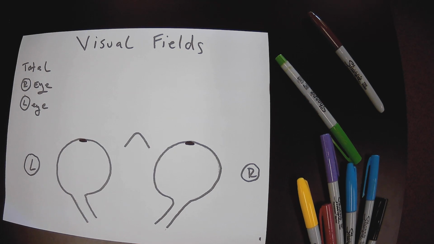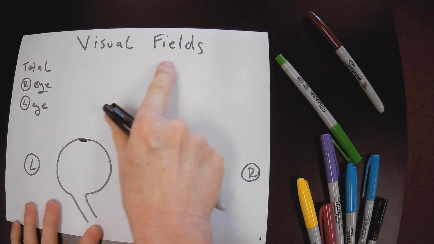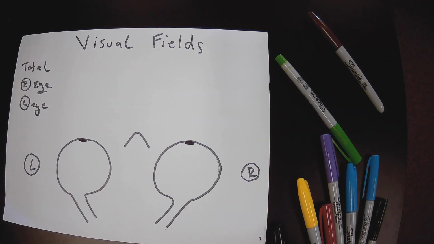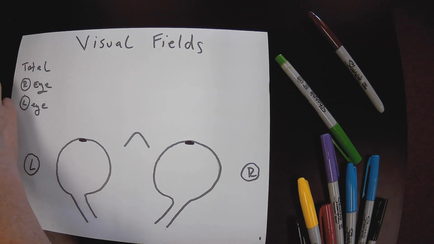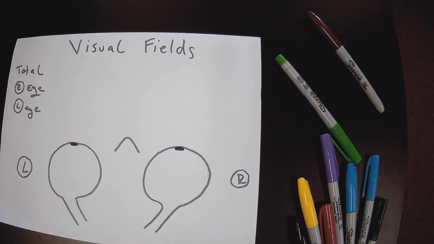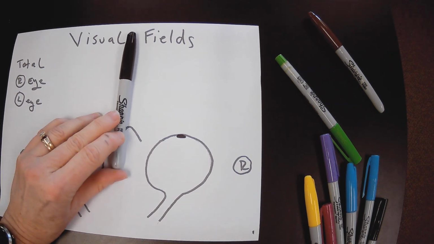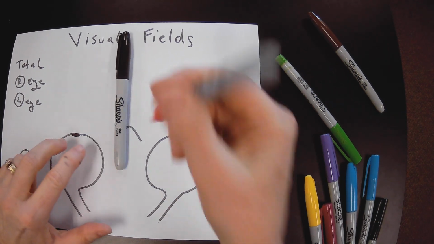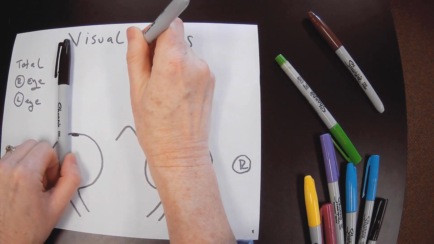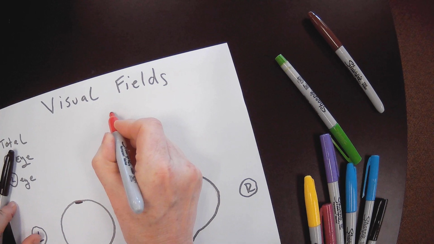What I'm going to do is draw your total visual field up here, and I'm going to use two colors, red and blue. So your total visual field, everything on the right side. Okay, I'm going to try and make it about in the middle, about the middle of my nose. Everything on the right side, this is what I see on the right.